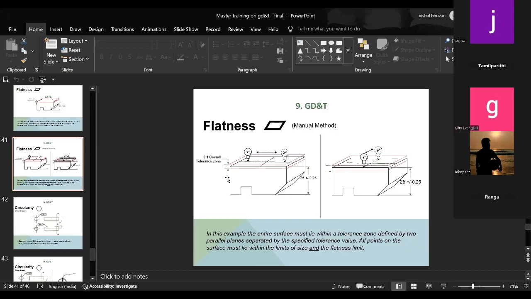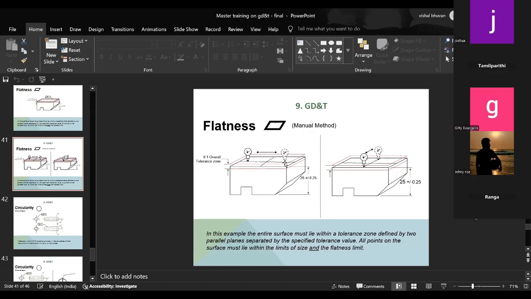Why do form tolerances not have datums? We call it independent, it is not dependent. Here we're going to control the individual feature, the formation of the feature. For the formation of the feature, no other feature will be dependent.